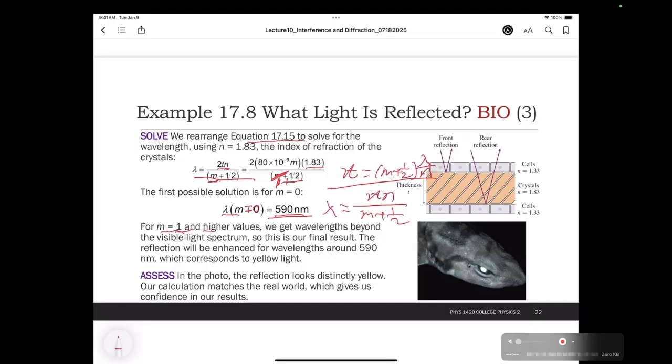For m equal 1 and higher values, we get wavelengths beyond the visible light spectrum.